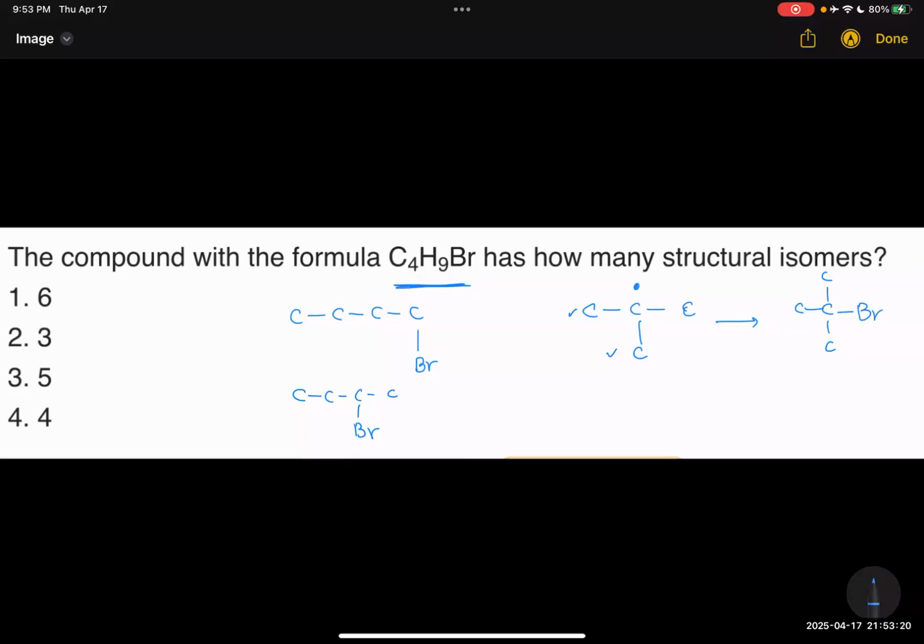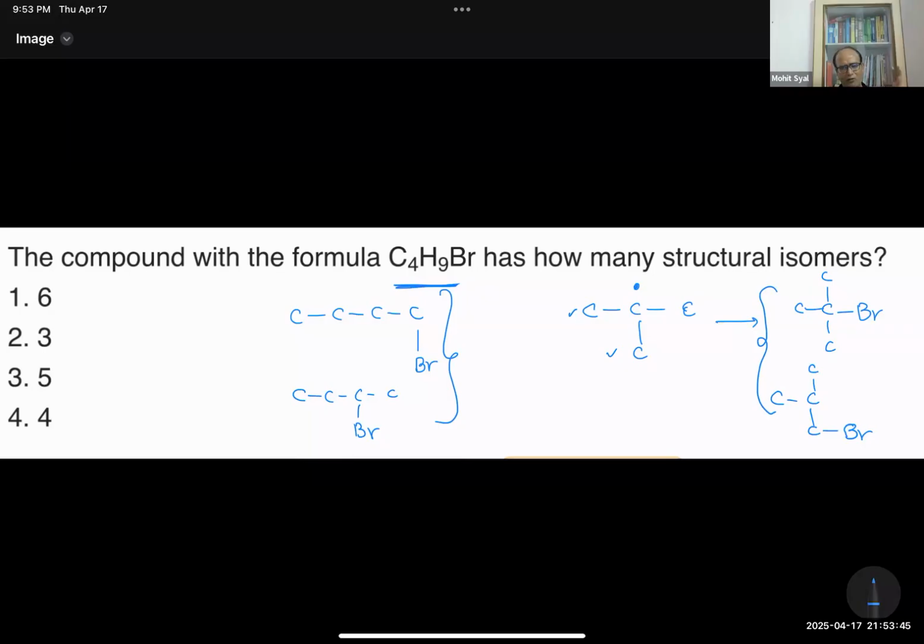If there is any doubt, you can ask me any time. Don't think twice while asking me. So these are the two from this carbon chain, and these 2 are from the normal chain. You cannot have any other carbon chain possible because you just have 4 carbon atoms.